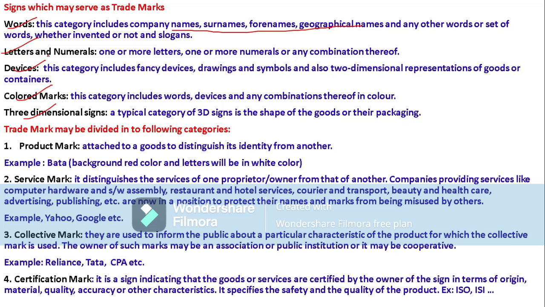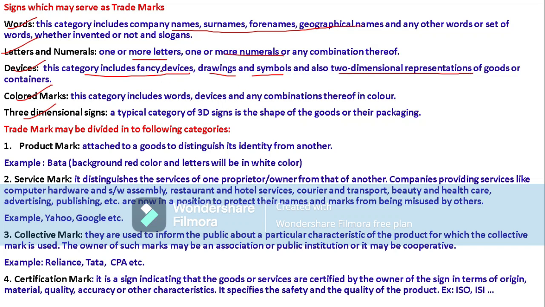And coming to letters and numerals: one or more letters, one or more numerals, or a combination of both letters and numerals is considered a sign. They can be registered under trademarks. Devices are fancy devices, drawings, symbols, two-dimensional representations of goods or containers.